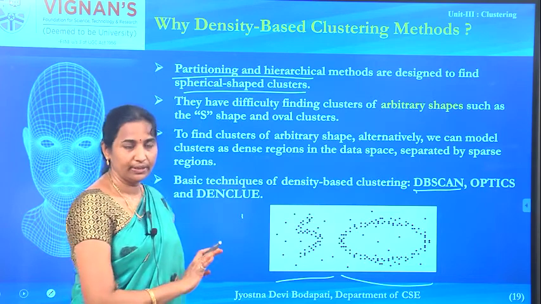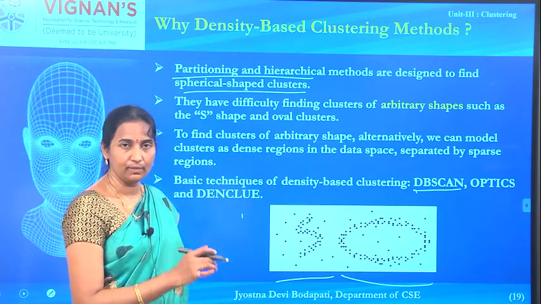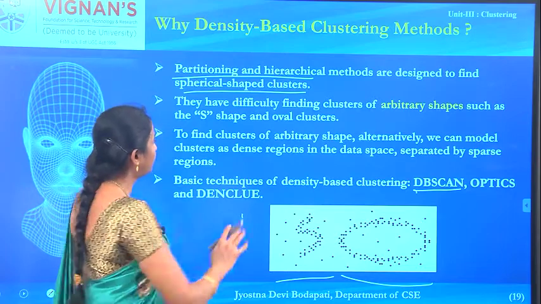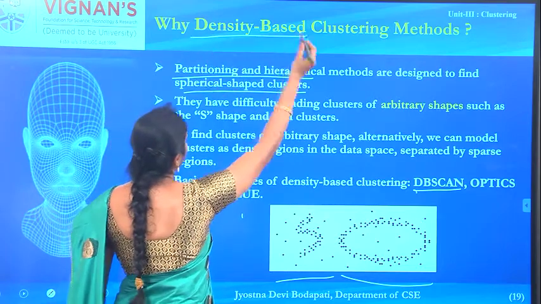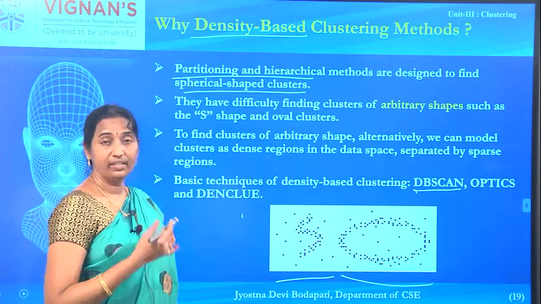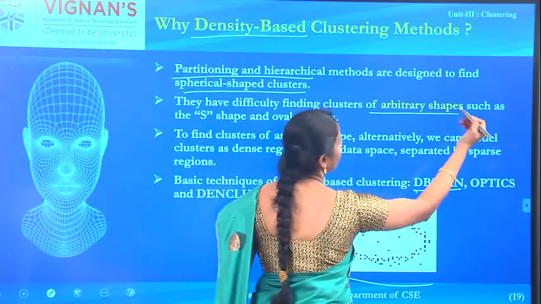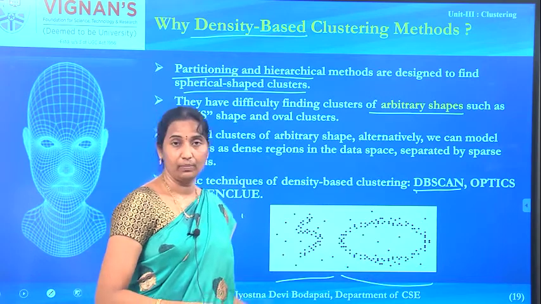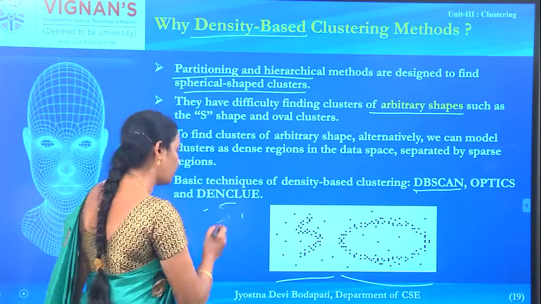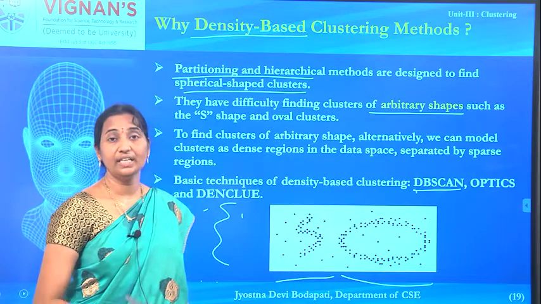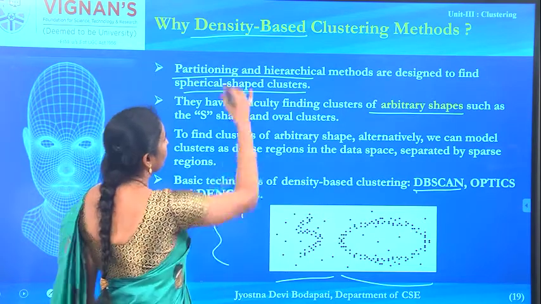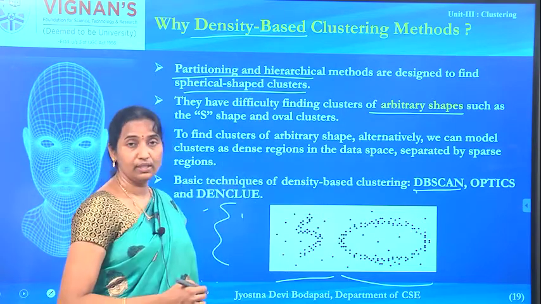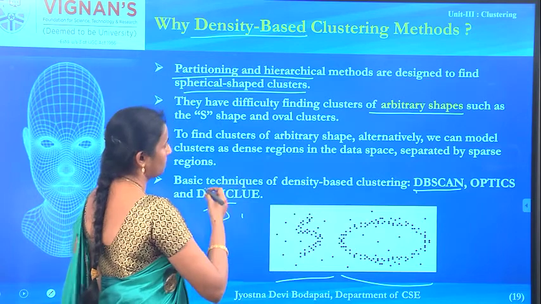In that case, both partitioning algorithms and hierarchical algorithms fail. Density-based clustering algorithms work very well even when the shape is arbitrary. It can be oval, S-shaped, or any zigzag shape, so it can deal with any different shape. That is the advantage of using density-based clustering algorithms.